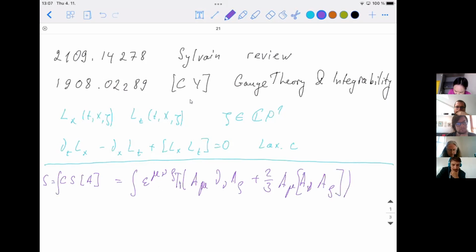This is the three-dimensional Chern-Simons action with a trace.